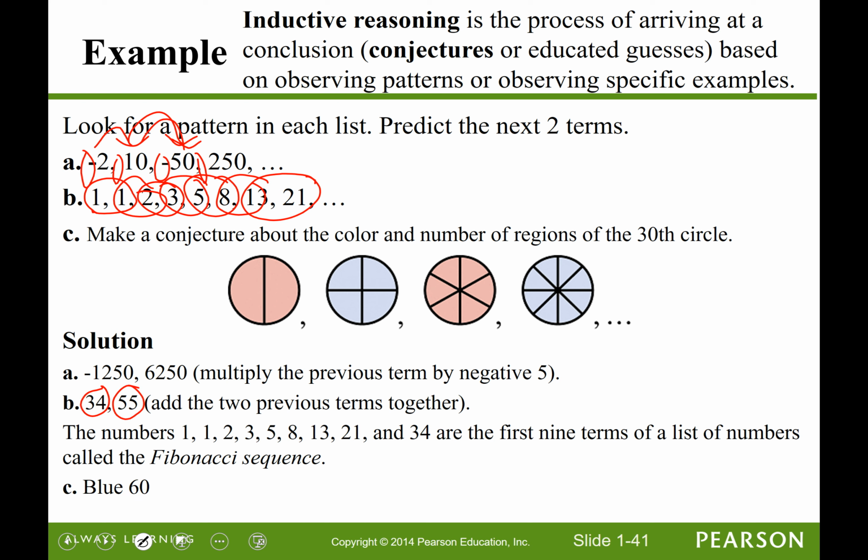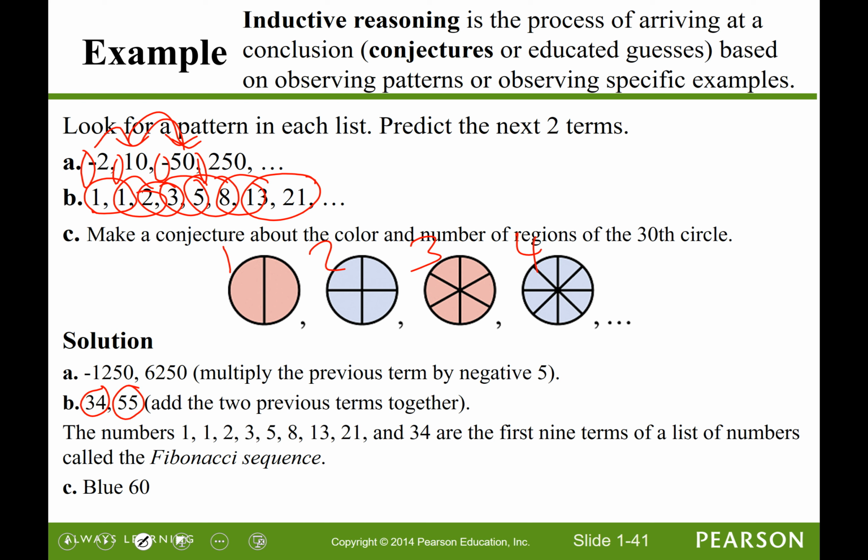Okay, part C, if you said that it would be a blue circle and that it would have 60 segments, then you got it right. I will say though that there are some other options that you could have come up with that could also be right. You may have decided that the pattern is going to go 1, 2, 3, 4, and then maybe it's going to backtrack.